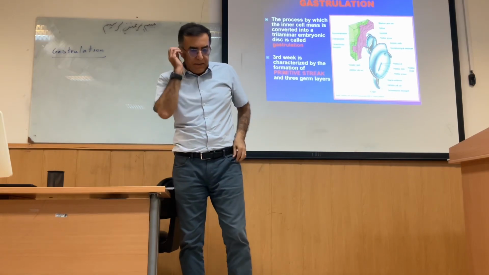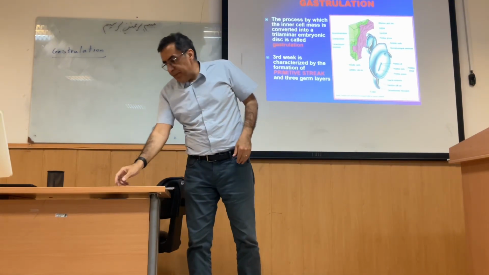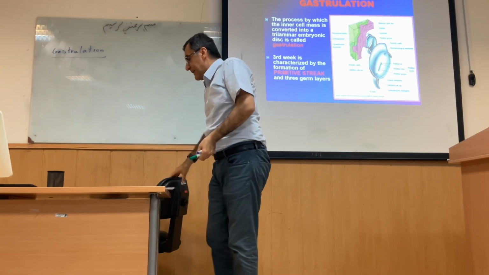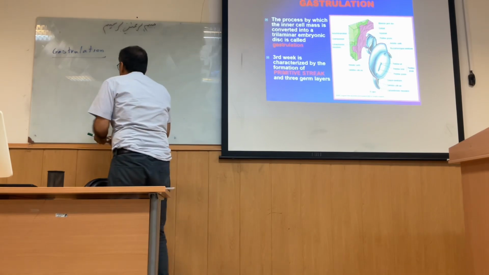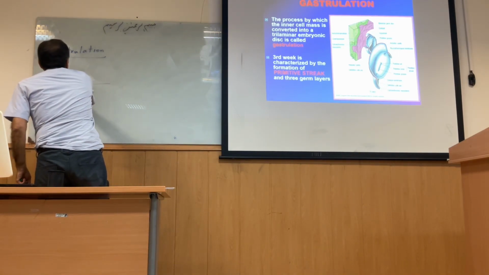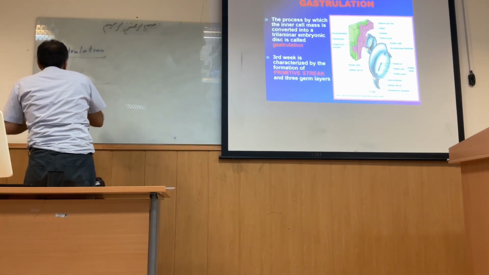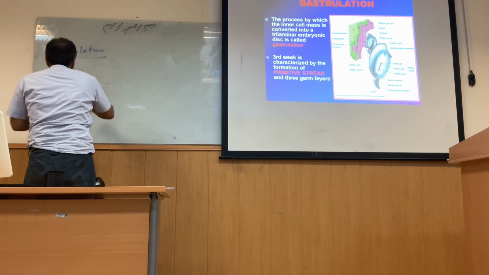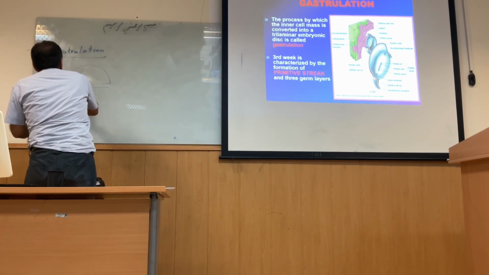But what happens is not clear, which mechanism, but some texts say that this is the epiblast cells, this is the hypoblast, amnion and yolk sac.